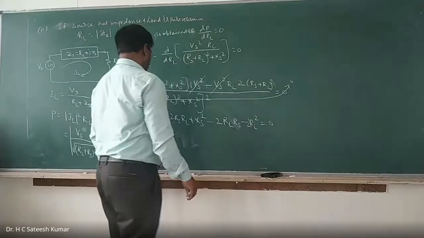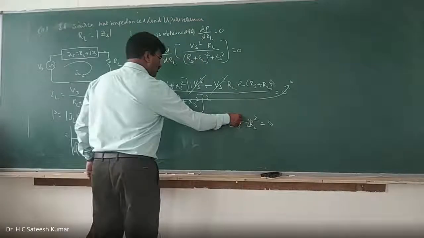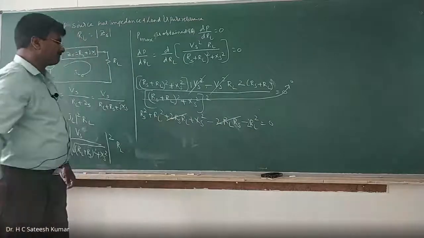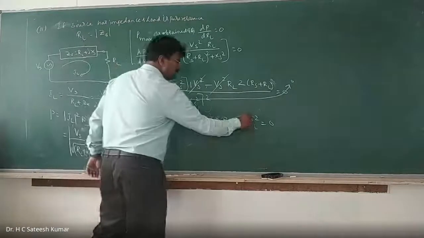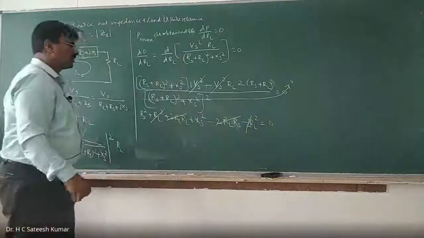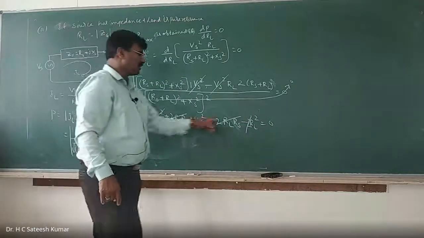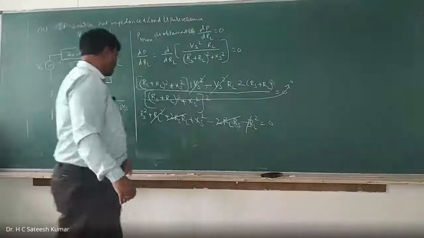Okay, right. Minus 2RSRL plus 2RSRL gets cancelled. And 1 RL² gets cancelled with this one. So plus RL² minus 2RL², you will replace with minus RL². So therefore, what will you get?